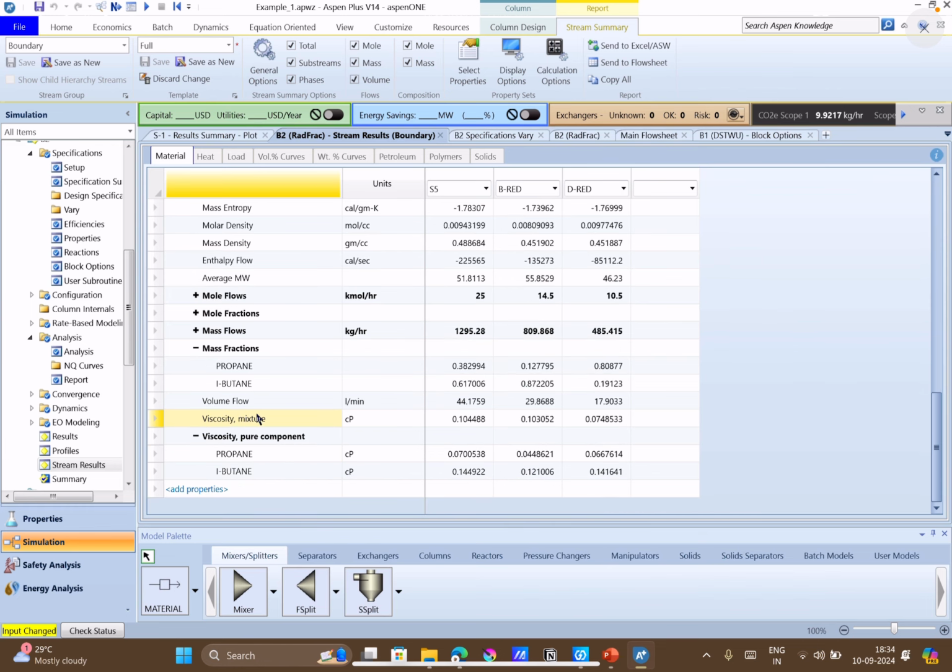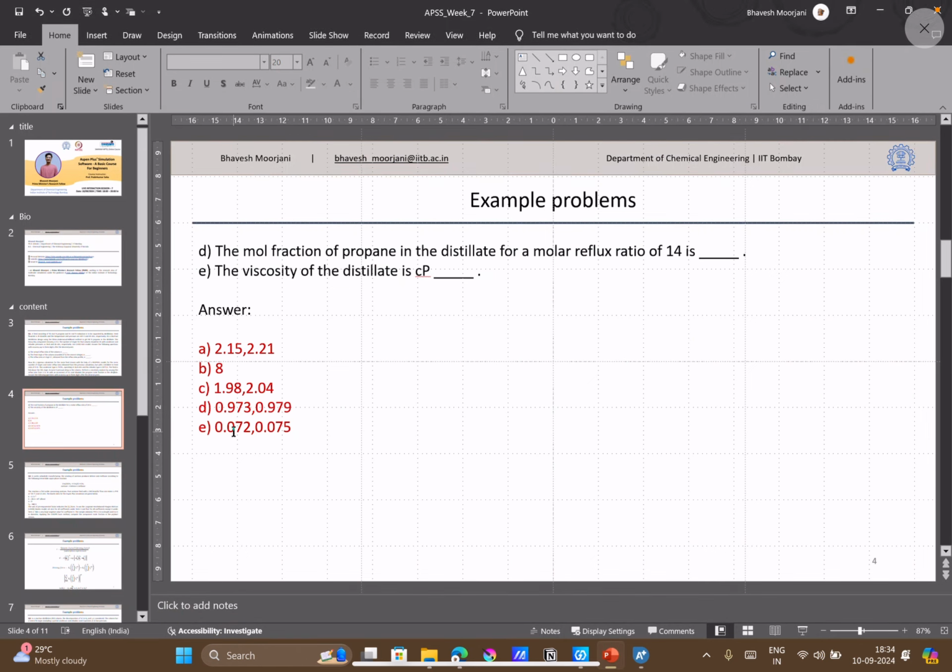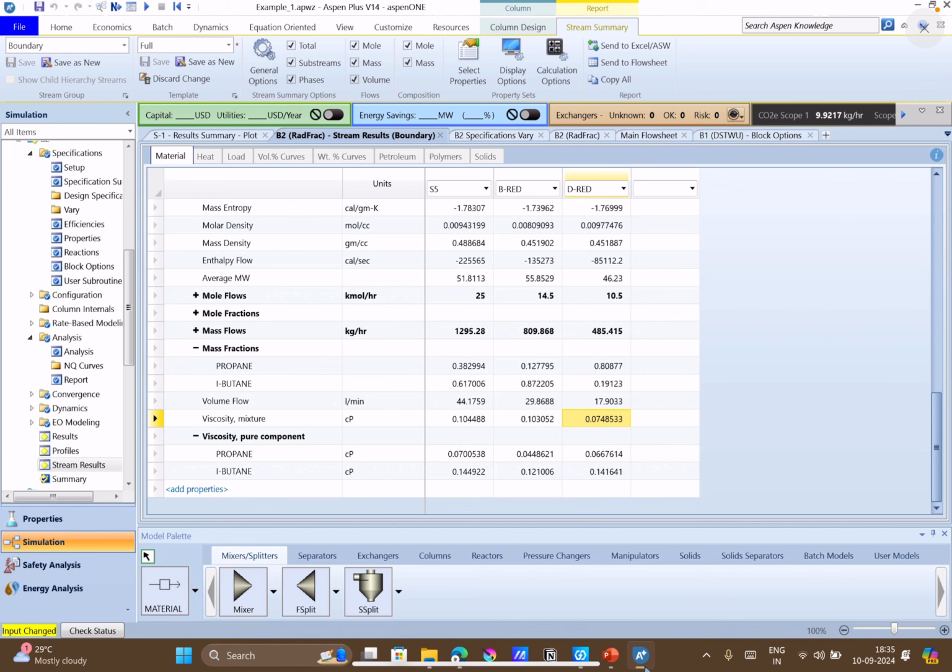So we have viscosity of mixture in centipoise for feed, bottoms and the top distillate part, and then we have individual component viscosity also. We have been asked the viscosity of the distillate, which is 0.07485 centipoise, so it is in between the given values, right?